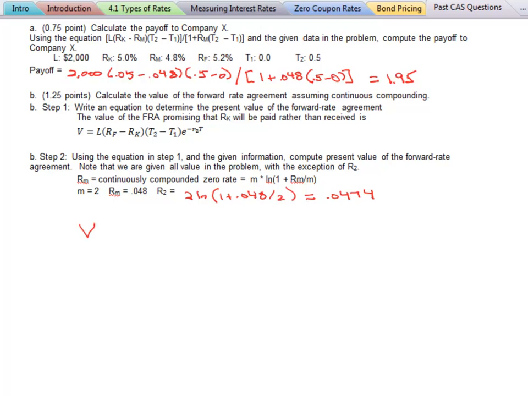And therefore V is equal to 2,000 times (0.052 minus 0.050) times (0.5 minus 0) times e to the negative 0.0474 times 0.5, and that is equal to 1.953.